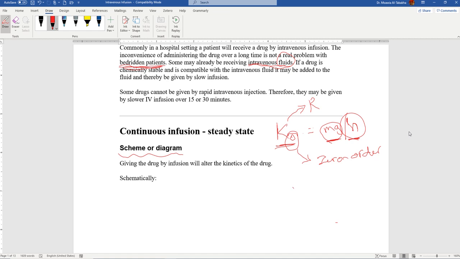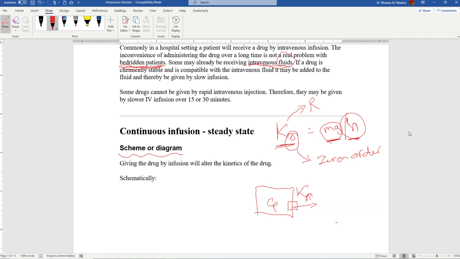So let's now talk about the process. We have one compartment. Here we have the concentration in the plasma, and here we have the window through which the drug gets out, and the size of this window we will call KEL. Now, this looks like before.